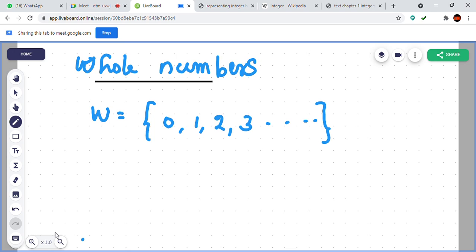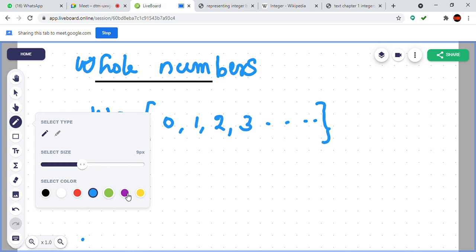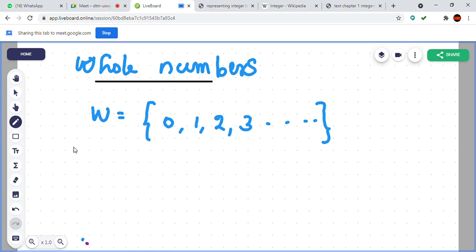Okay, then the next heading. What is the next heading? Integers. Okay, so below you write the heading integers. Then integers means there are all positive numbers, negative numbers and 0.